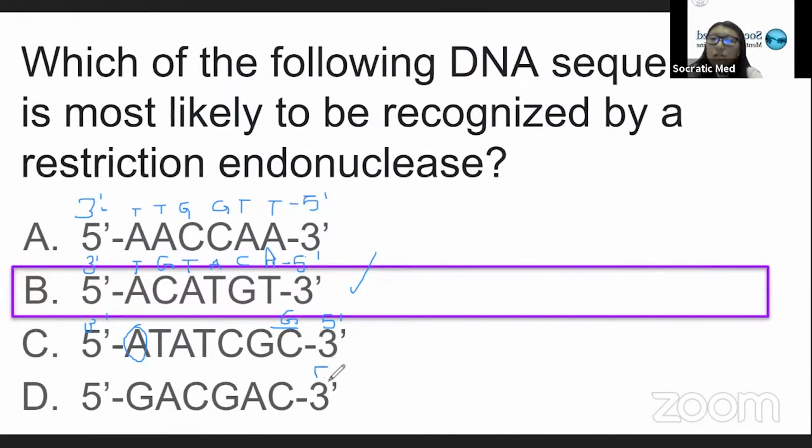Then for choice D, the first letter starts off similar, with both 5 primes starting with a G. But in the second position, we see that this ends up being a T and this one's an A. So choice D is also incorrect, and that's why choice B is the right answer.